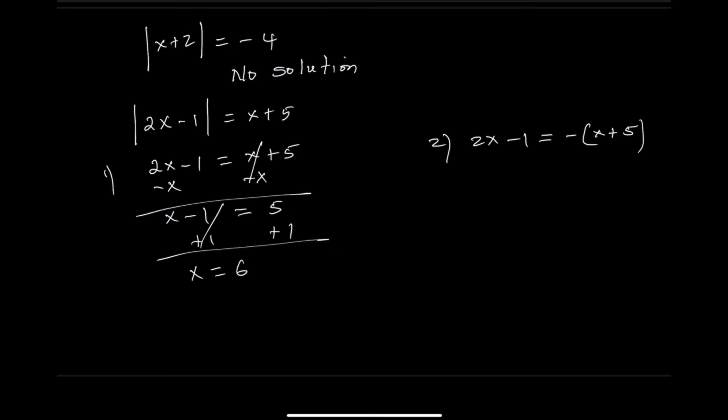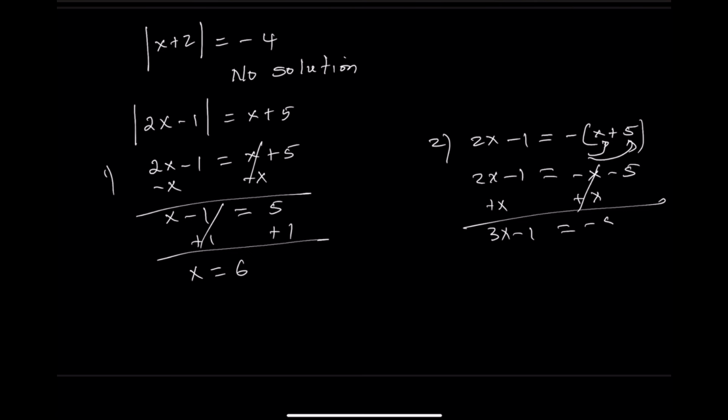Second, 2x minus 1 equals negative, open parentheses, x plus 5. Distribute the negative. 2x minus 1 equals negative x minus 5. Add x to both sides. 3x minus 1 equals negative 5.